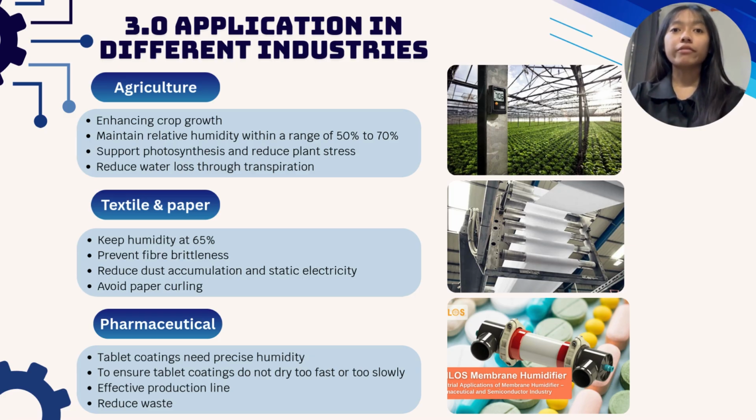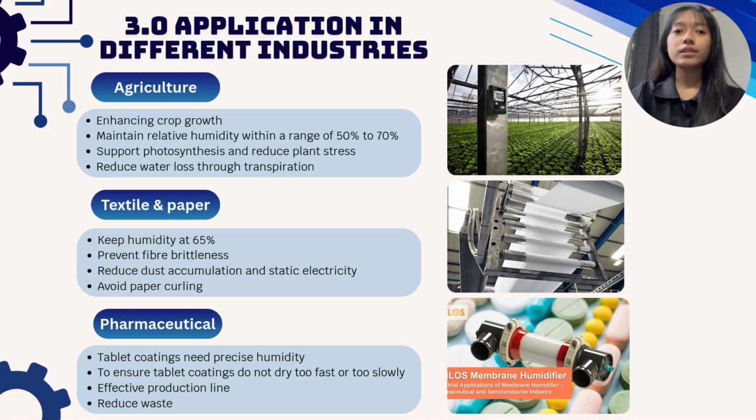There are lots of applications of humidity in different industries. I will focus on agriculture, paper and textile, as well as pharmaceutical. In order to maximize crop yields and create ideal conditions for plant growth, humidity level in greenhouses and agriculture must be controlled.